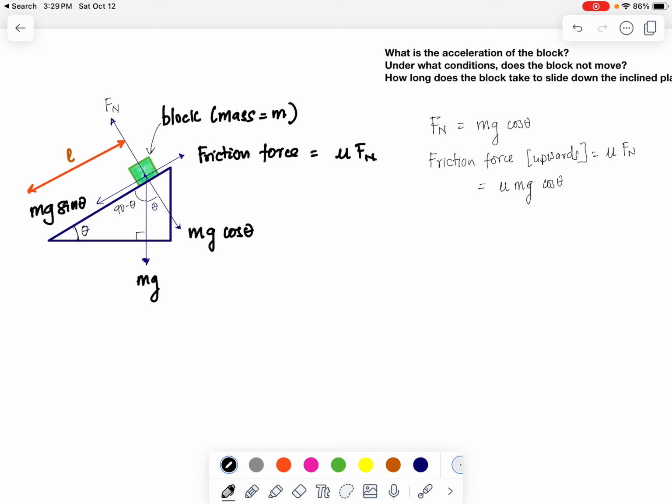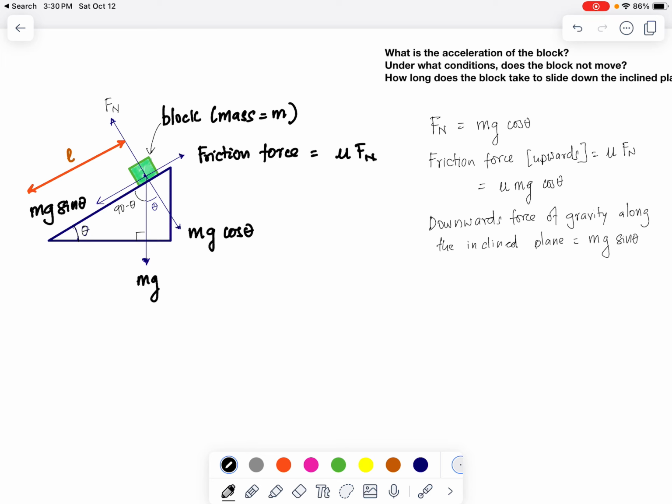So what we see here is that this is the force that acts along the inclined plane and it's downwards. So we write that down. The downwards force of gravity along the inclined plane equals mg sine theta.